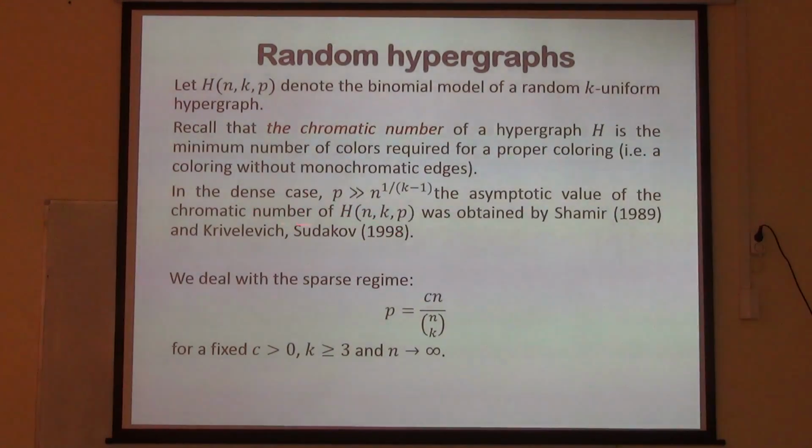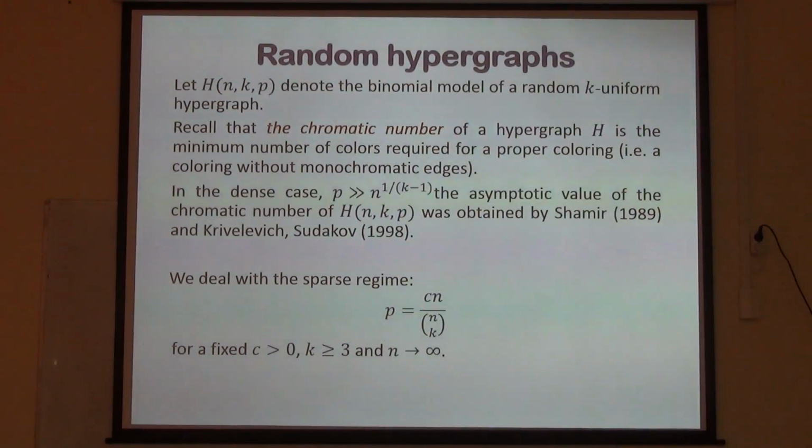In the dense case, when p is much greater than n to the power minus 1 over k minus 1, the asymptotic behavior of the chromatic number was obtained by Shamir in the very dense case and by Kostochka and Sudakov for p close to this value.